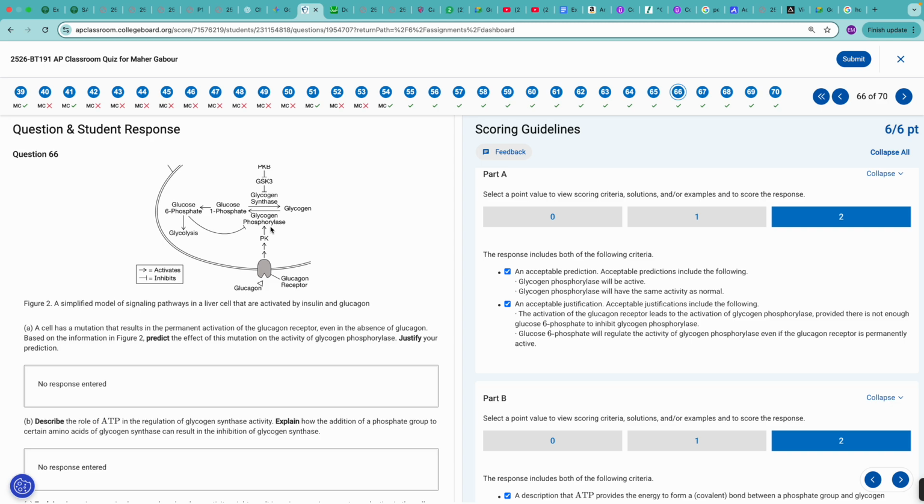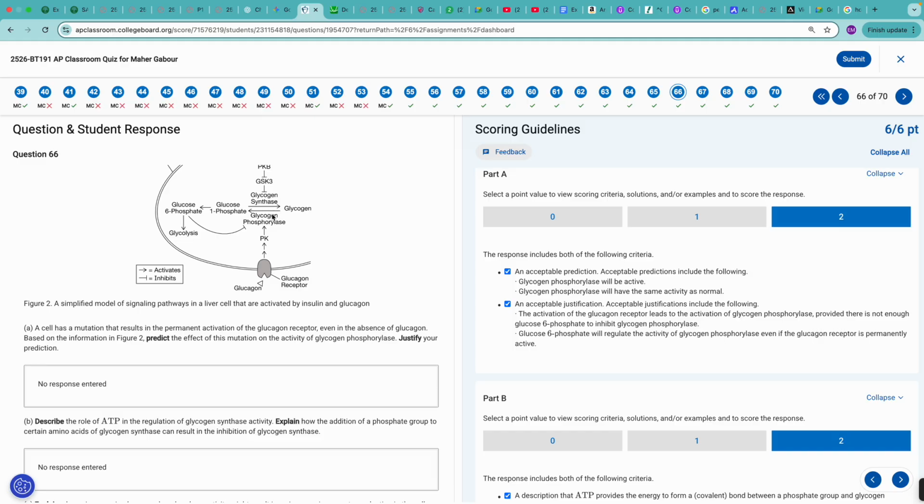Glycolysis is happening, but until when, until we won't have any more glycogen left? So we need something to inhibit the glycogen phosphorylase. We need somebody to tell this guy to calm down. Okay, we don't need any more glycogen to be broken down. We're fine.